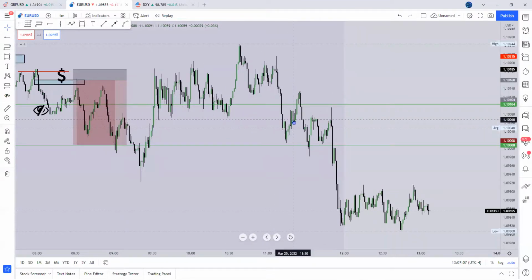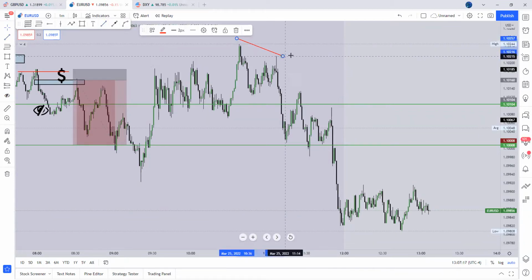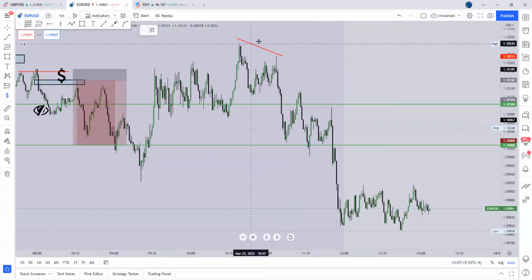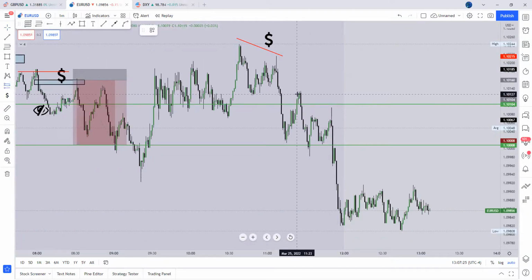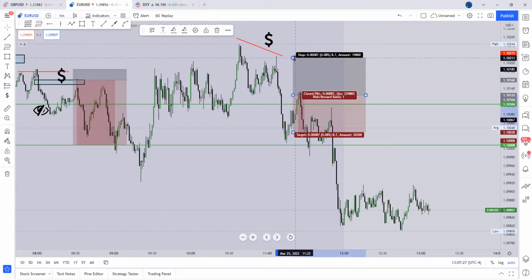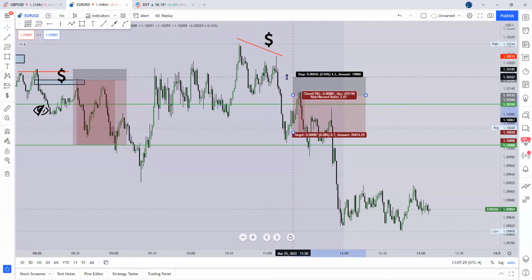What about lower? Well, there is this, right? That you could have deduced as a failure swing, right? And then from here you had a mitigation block. Now this is a lot more of a theoretical position, obviously because we have the benefit of hindsight.